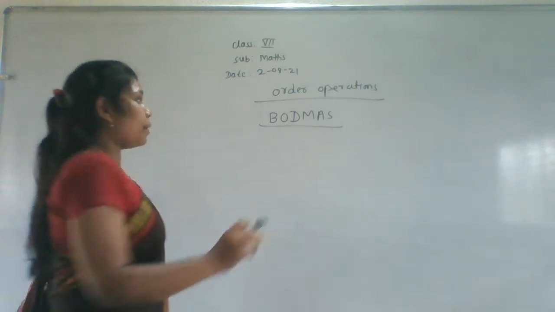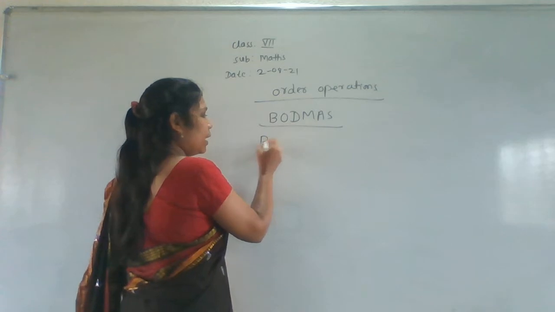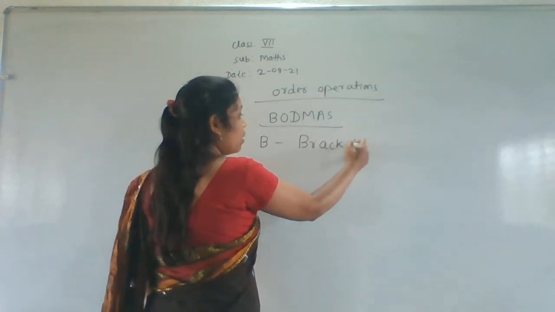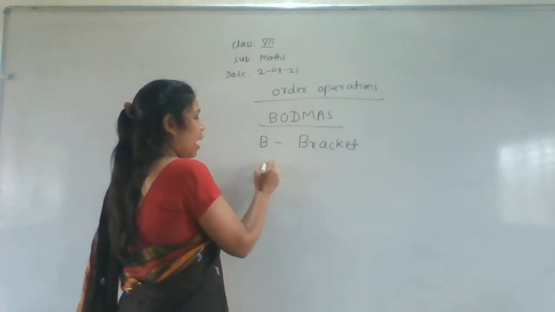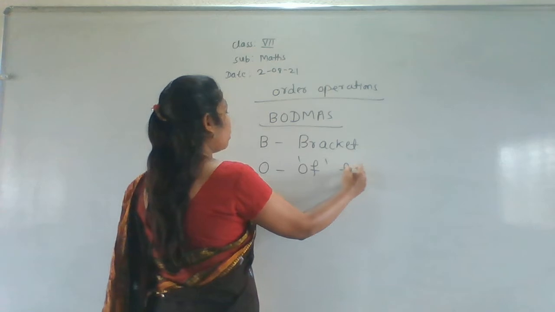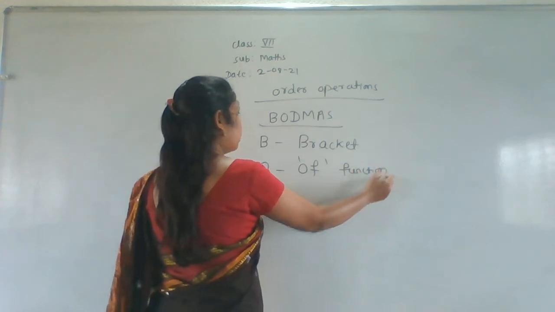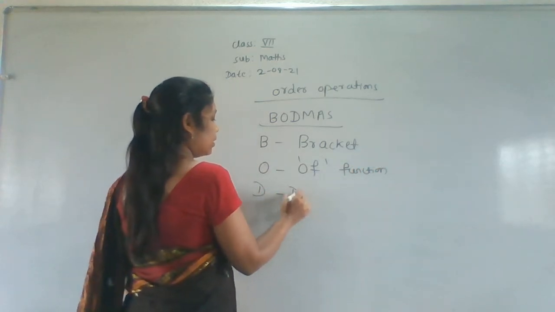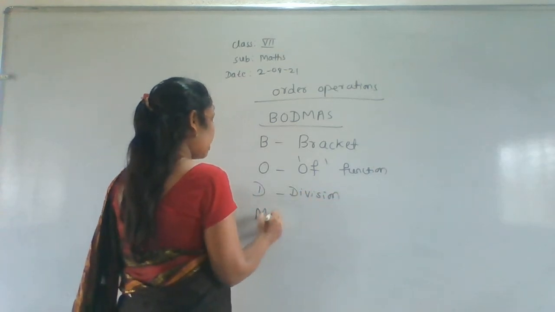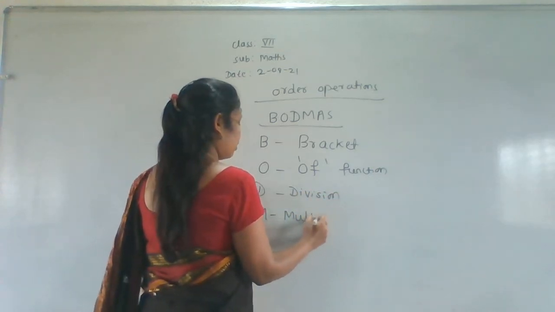So what do you mean by B here? B is nothing but bracket, and O is nothing but of function. Next, D is division. M means multiplication.